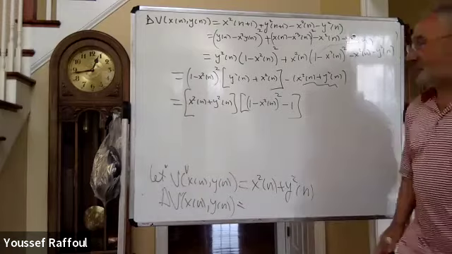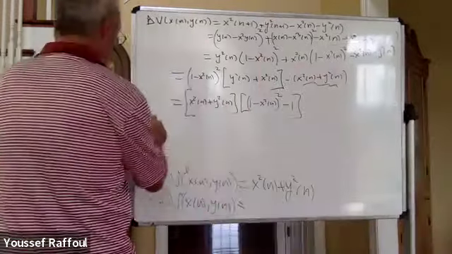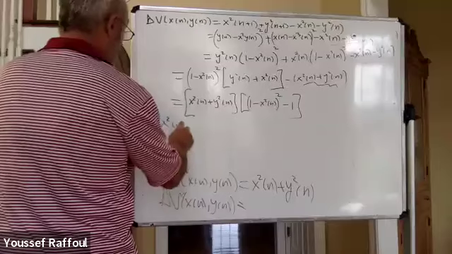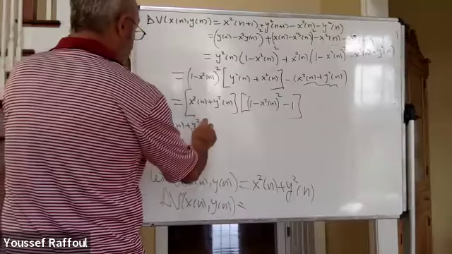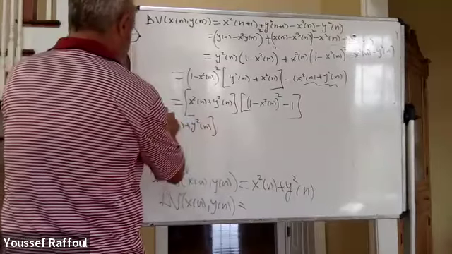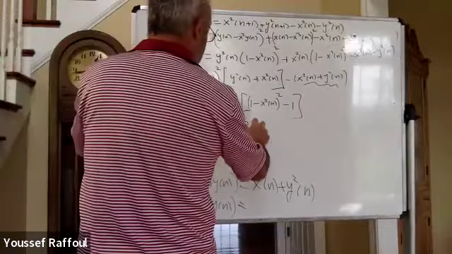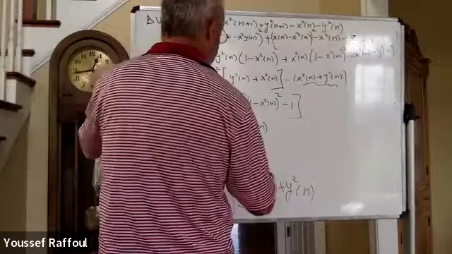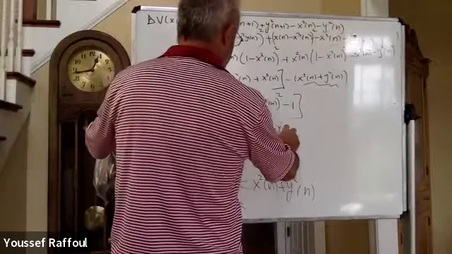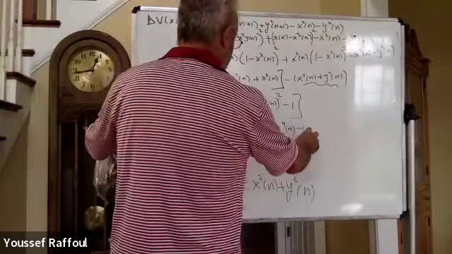Now let's simplify this. And this one is going to be 1 minus 2x squared of n plus x to the fourth of n minus 1.